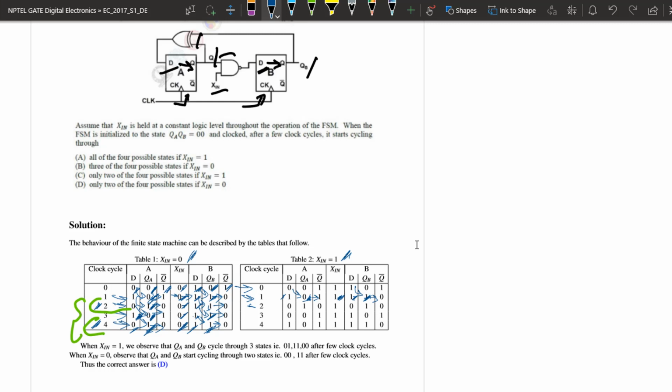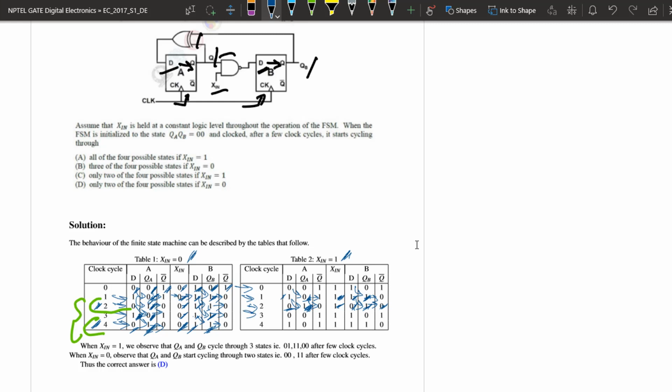In the next clock cycle, QA becomes 1, Q bar A becomes 0, Xn stays at 1, and DB is 1 NAND operated with 1, which is 0, QB gets 1, Q bar B gets 0, and DA is 1 XOR 1, which is 0.